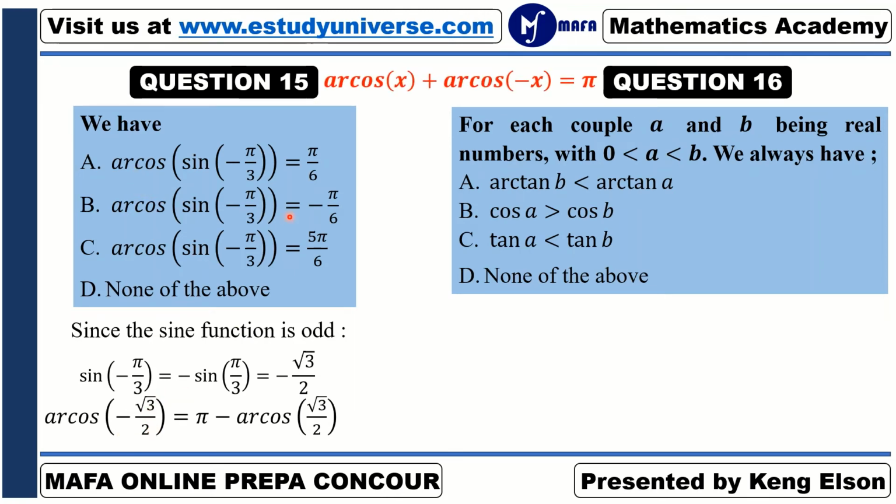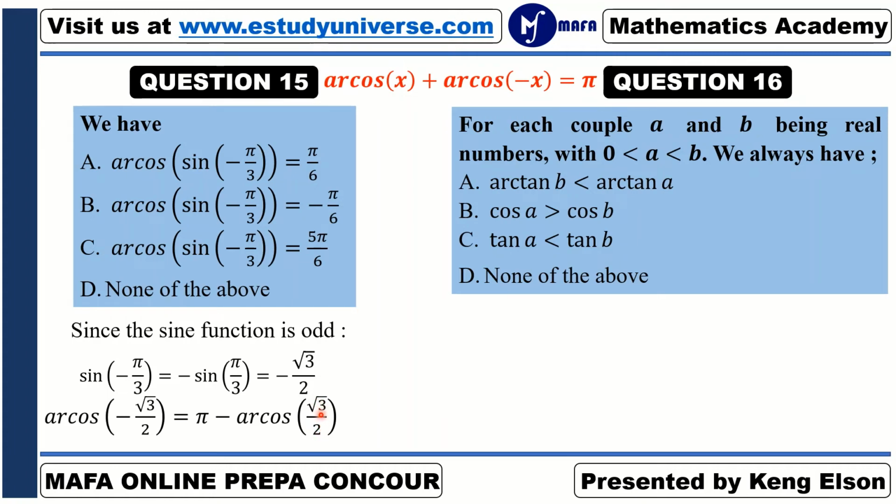We should recall that whenever we add the cos inverse of an angle to the cos inverse of negative of that angle, we always get π. We can prove it, but there is no time to do that. So to find the cos inverse of negative root 3 on 2, I will take π minus the cos inverse of root 3 on 2.